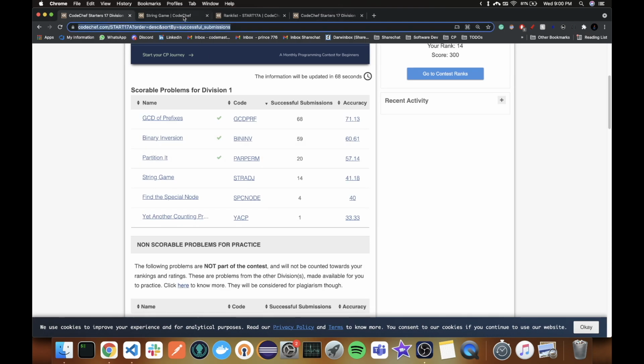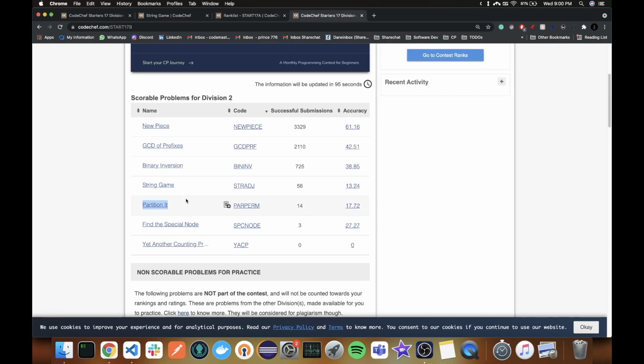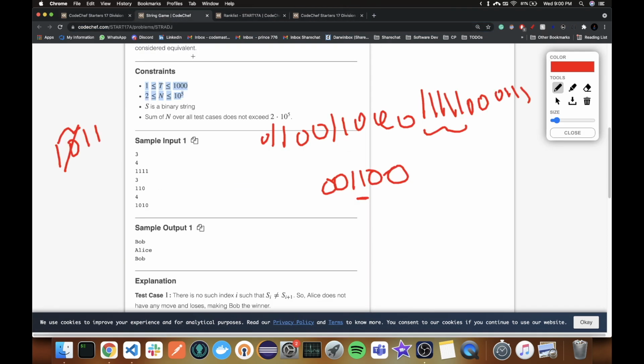Partition has more solutions, so this one has fewer solutions. Does this mean it is guessable?